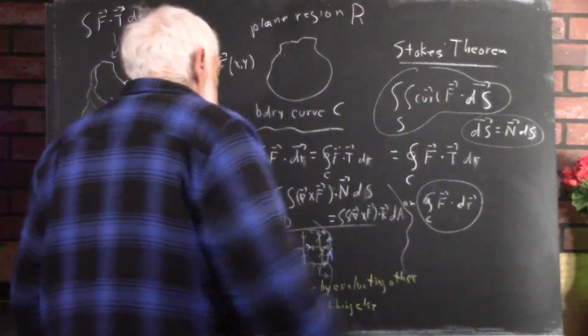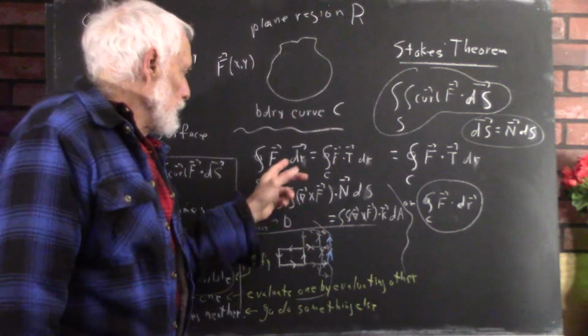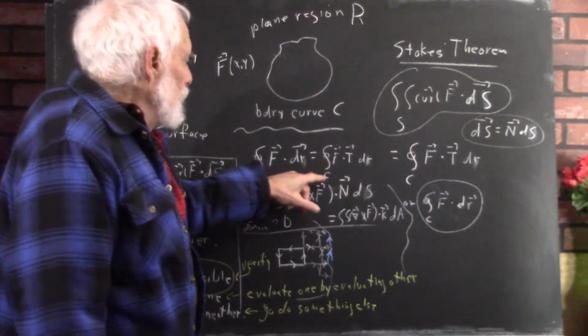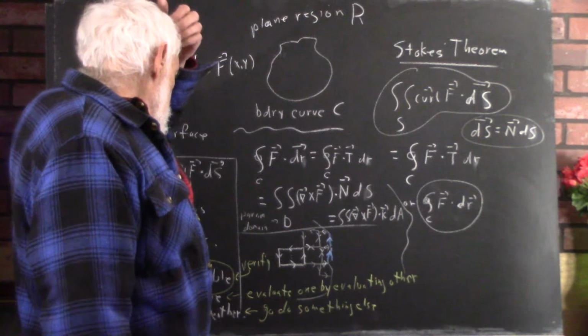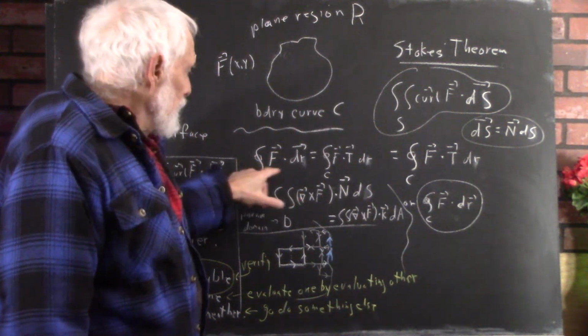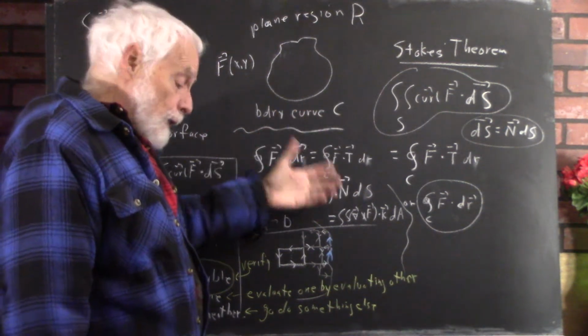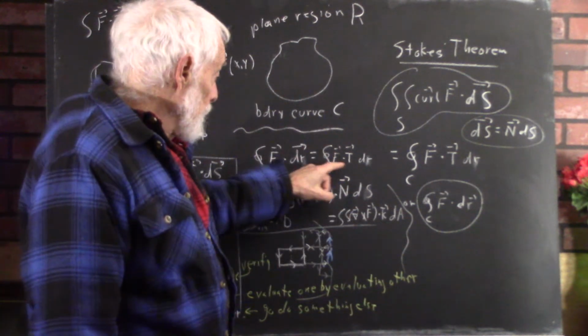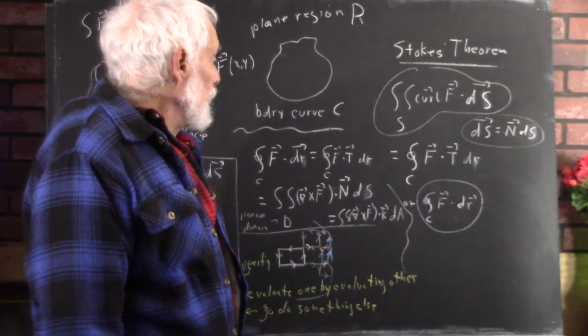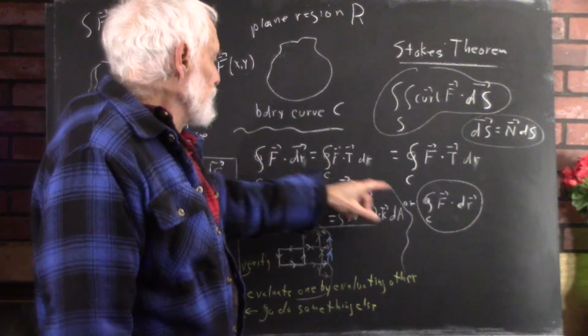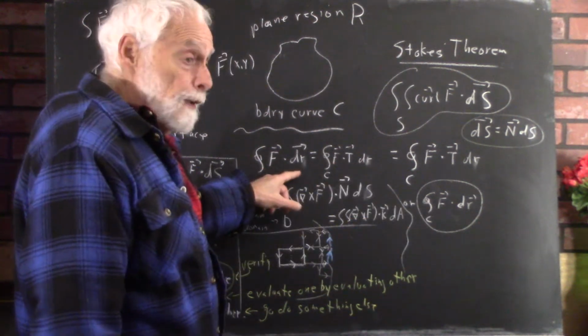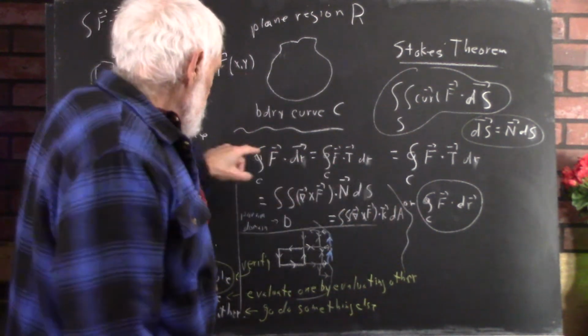I used ds, which is okay, but just to be consistent, I'm going to use a dr. The integral over the boundary of the tangential component of f, again, we've talked about that, hopefully we understand what that means. The f dot T dr, which could also be expressed as f dot dr, and this is the expression we'll actually use.